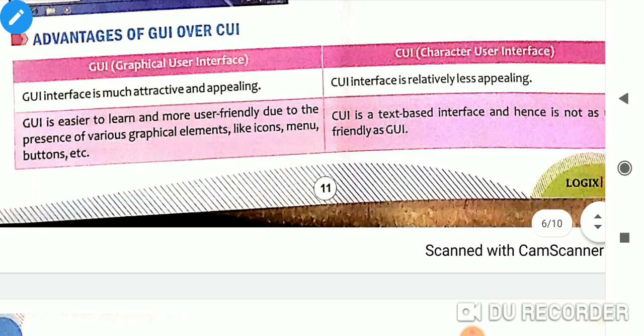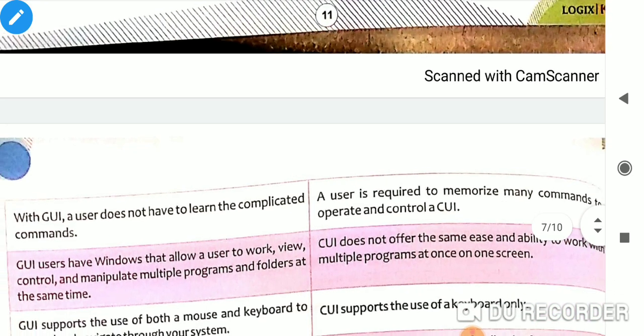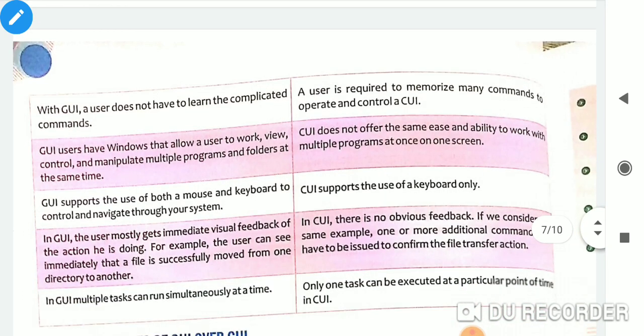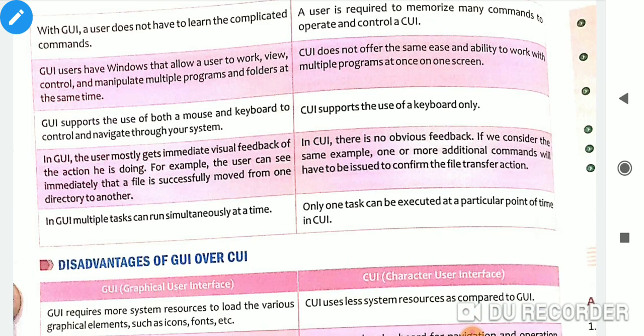To use CUI, you have to learn all the commands, but it is not so in this case. In graphical user interface, you need not learn any command. With GUI, a user does not have to learn complicated commands, whereas a user is required to memorize many commands to operate and control a CUI. So these are the differences between GUI and CUI.